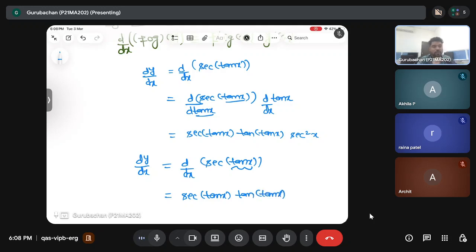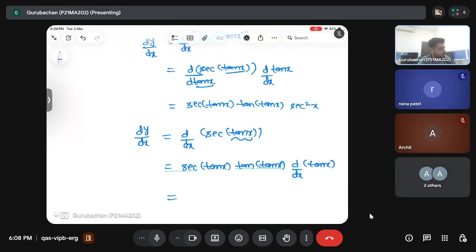Since you have assumed here it is x rather than 10x, you have to do the differentiation of the new angle, that is 10x, and this will again give you secant 10x tan of 10x into secant square x. I hope it is clear to everybody.